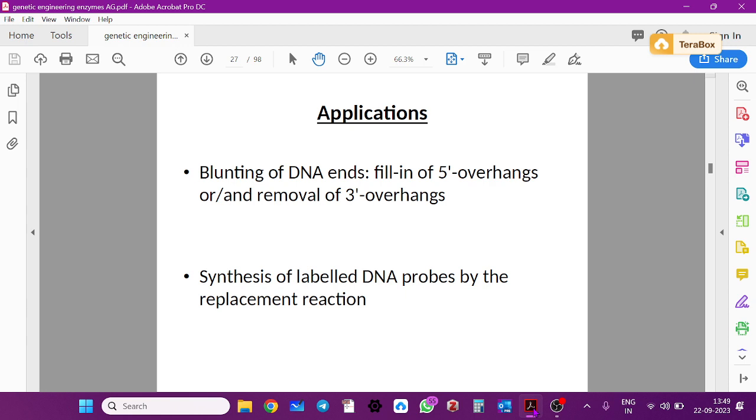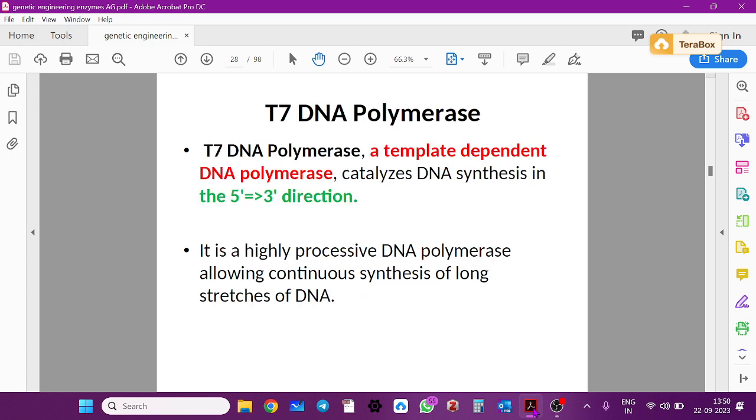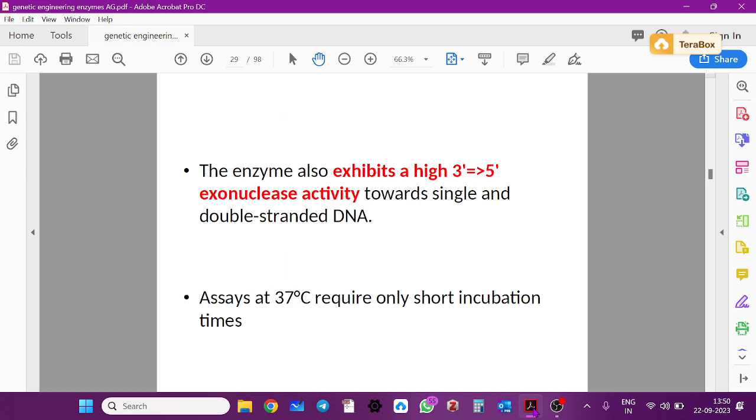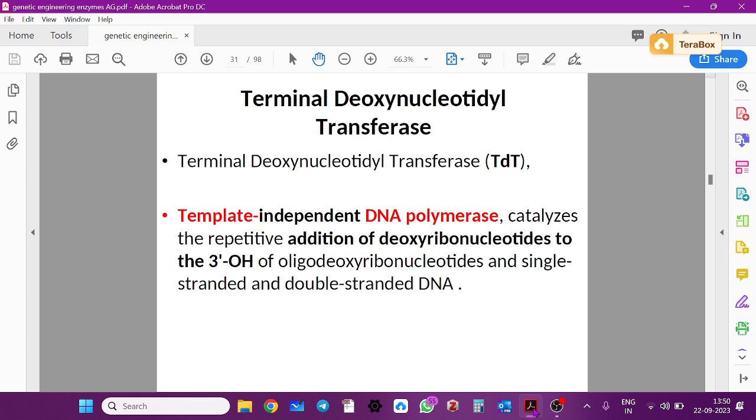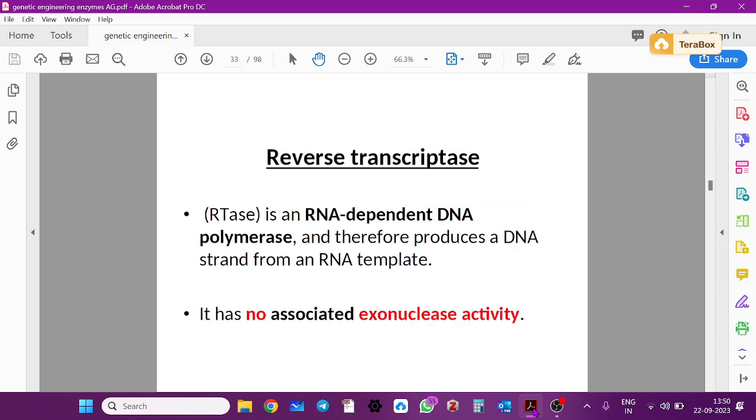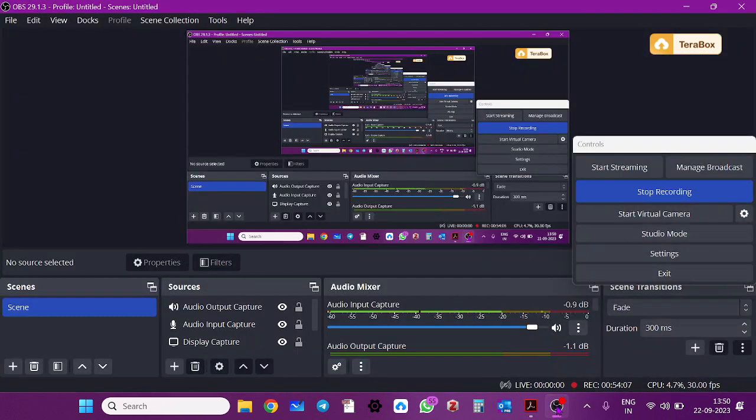This part is radio-labeled, so you are probing this, putting it inside a cell where a complementary sequence will bind, and you can detect where the radioactivity is. It's needed for labeling to detect. Okay, let it stay here for today, there is a lot.